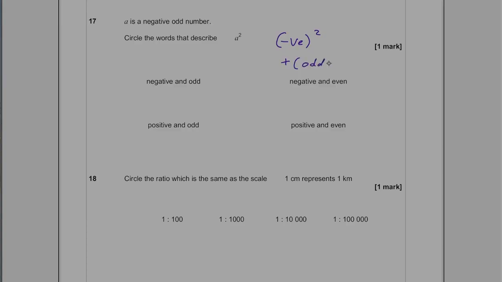Odd times odd will always equal odd, so it's going to be a positive odd number. Positive odd, positive and odd.